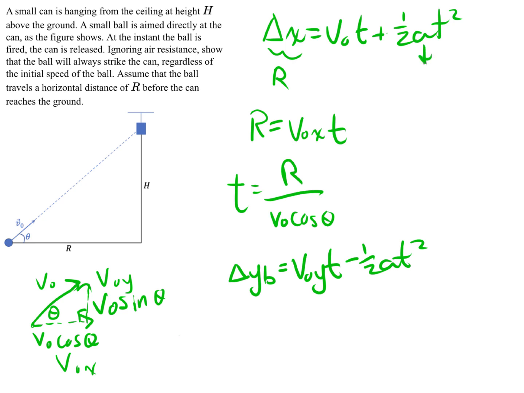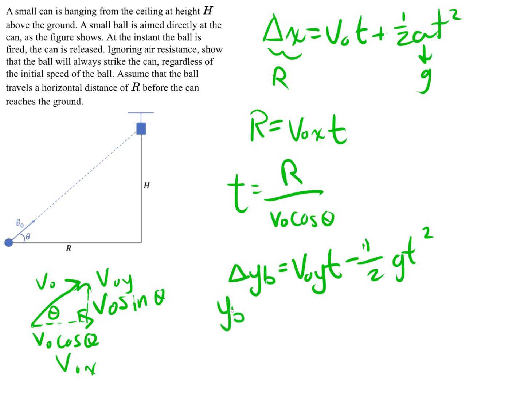So this will become g instead, and this will be negative since it is pulling the ball back down to the ground, giving minus 1/2 g t squared. Since the acceleration is g, I'm going to replace it with that. And that gives us the equation for the y position of the ball.